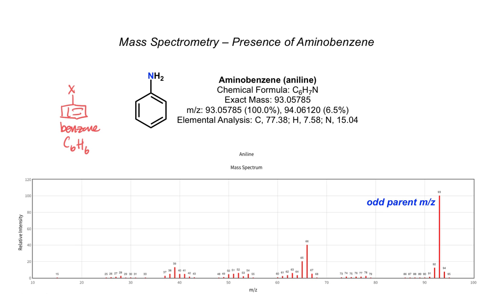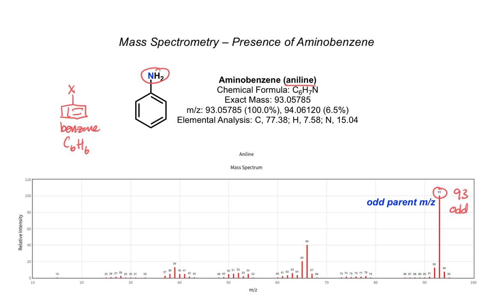So the first one is called aminobenzene, commonly known as aniline. And so there's the amine group bonded to the benzene ring. And if you look at the highest mass here, it's kind of small, it's 93. So that's odd.